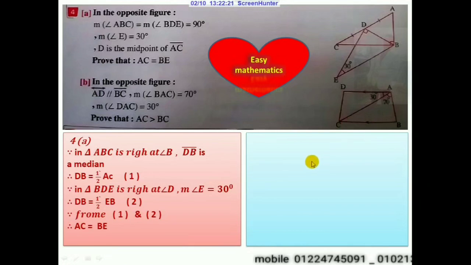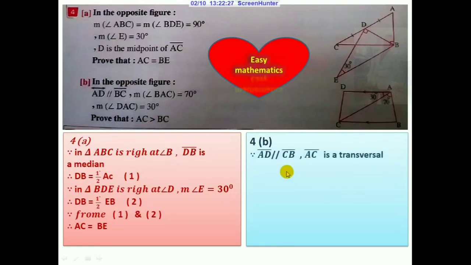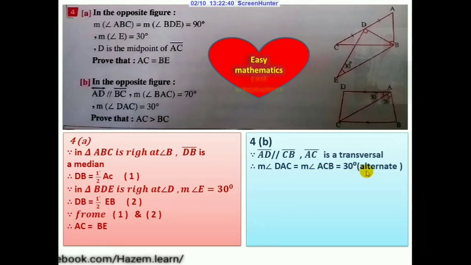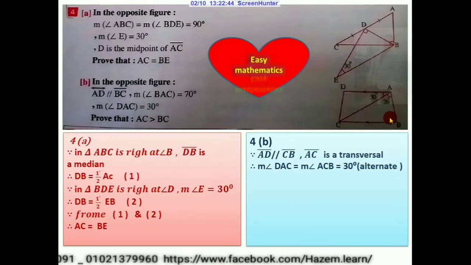How to write it? Let's see. For B, since AD is parallel to CB and AC is a transversal, therefore the measure of angle DAC must be equal to the measure of angle ACB equals 30 degrees. They are two alternate angles. Now how to find the third angle here, the measure of angle B?